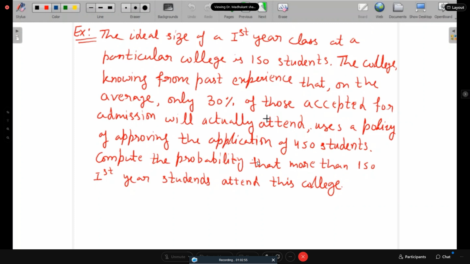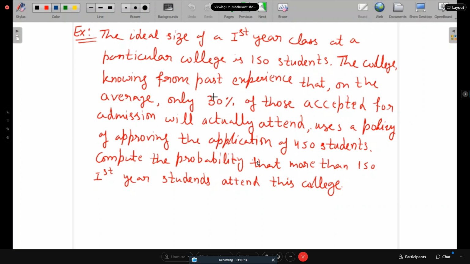So he is approving the application of 450 students. Let X be the number of students that attend the class. The number of students is 450, and each student will attend with chance 30%, that is 0.3.